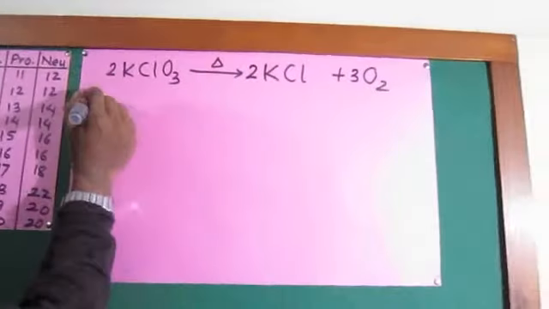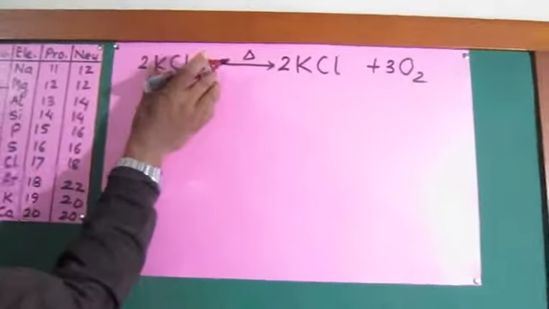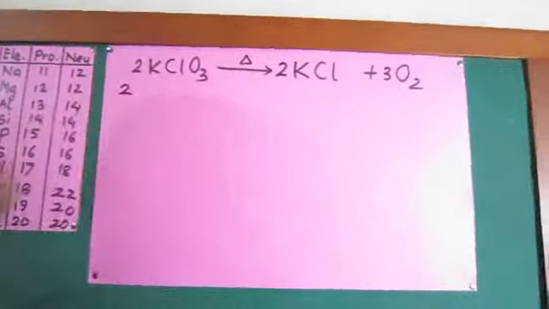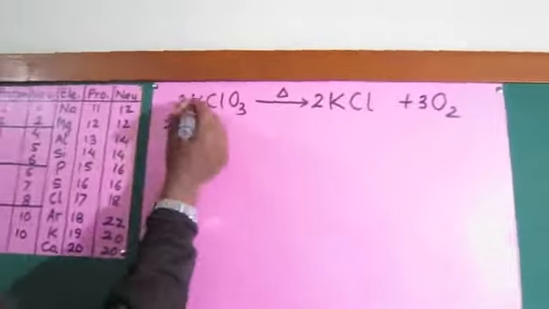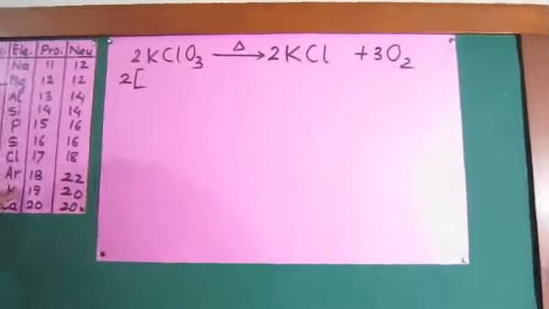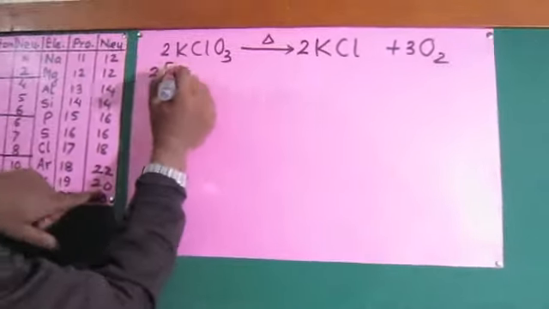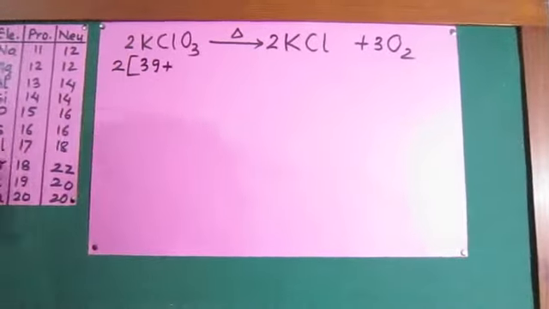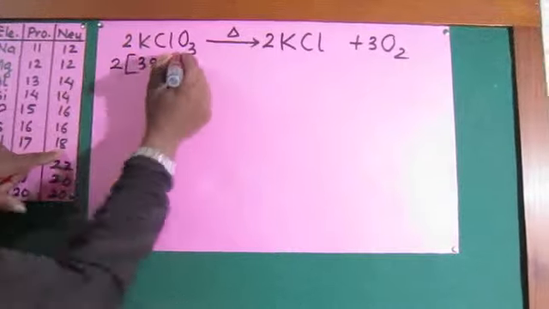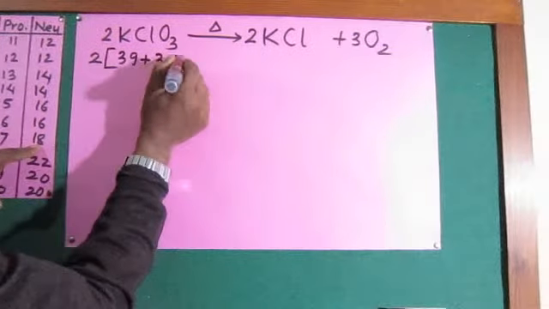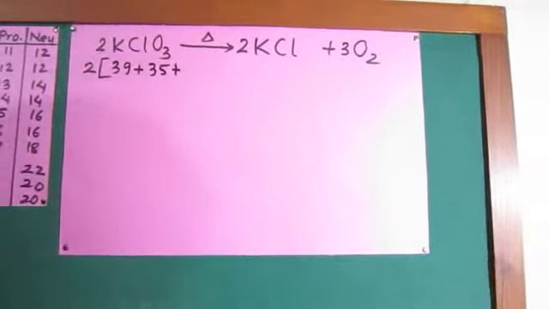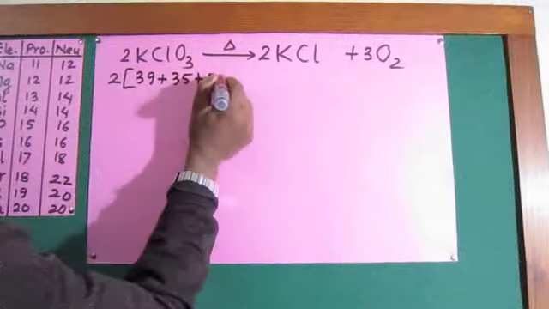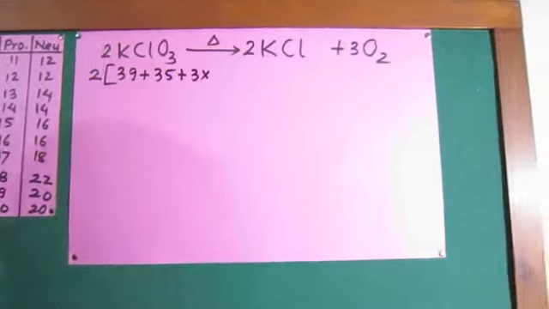Now look at this, 2 is here, 2 molecules of potassium chloride, that's why I am writing 2. Now, potassium's atomic mass: look at this, 19 plus 20, 39. Plus chlorine, its atomic mass is 35, 17 plus 18, 35. Plus, now 3 atoms of oxygen, that's why 3 multiplied by oxygen.